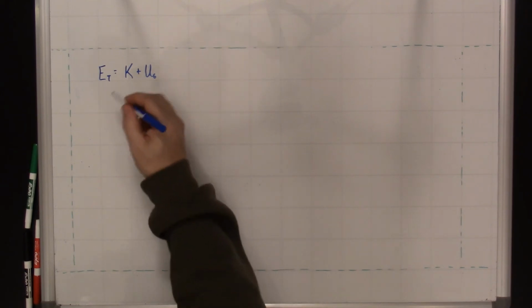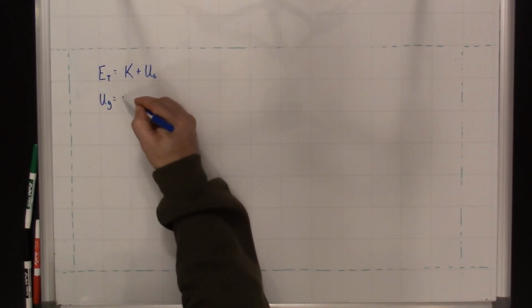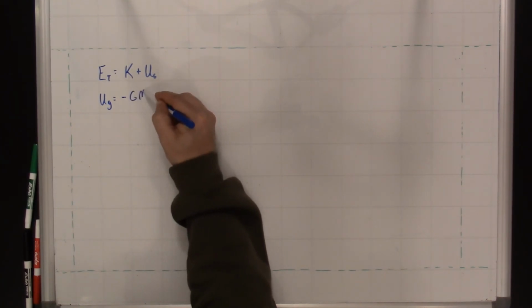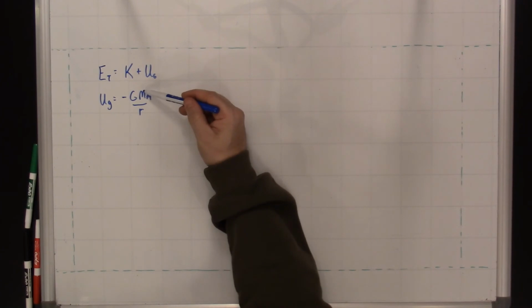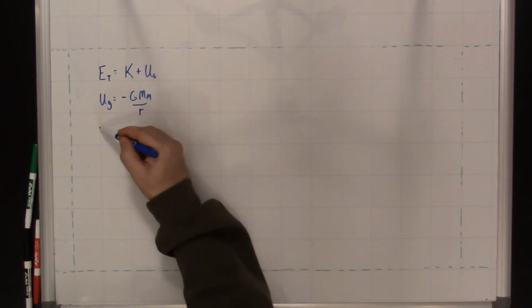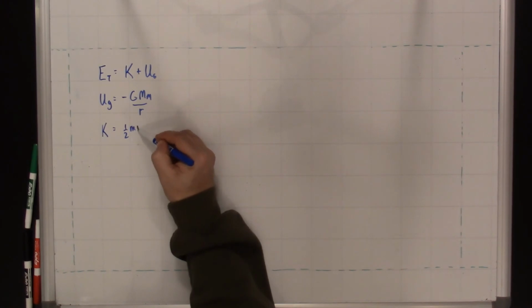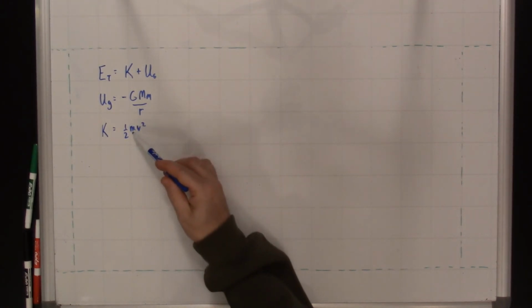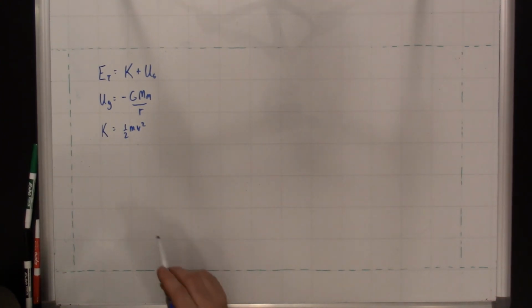I told you yesterday that the gravitational potential energy can be expressed as negative GMm over r, where M is the mass of the central body, m is the mass of the orbiting body, and r is the radius of the orbit. We know that the kinetic energy is equal to 1/2 mv squared, where m is the mass of the orbiting body and v is the orbiting body's linear speed at that moment.